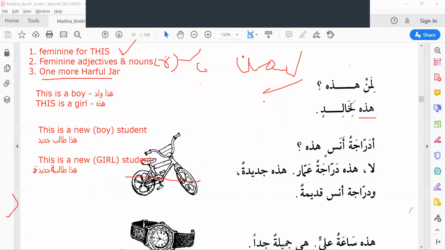Liman hadihi? Whose is this? Hadihi li Khalidin. This belongs to Khalid. Why Khalidin? Because li is a harful jar and there is no alif lam, so we give kasratain here. Then why is there no limani here? Man is constant. It won't change because of something coming before or after it. It will change in one place; we will learn this later. Liman hadihi? Whose is this? Hadihi li Khalidin. This belongs to Khalid.